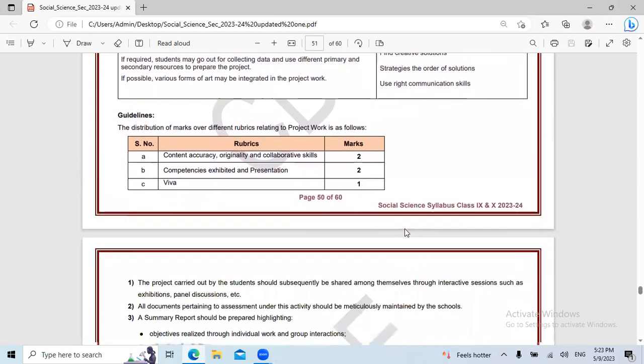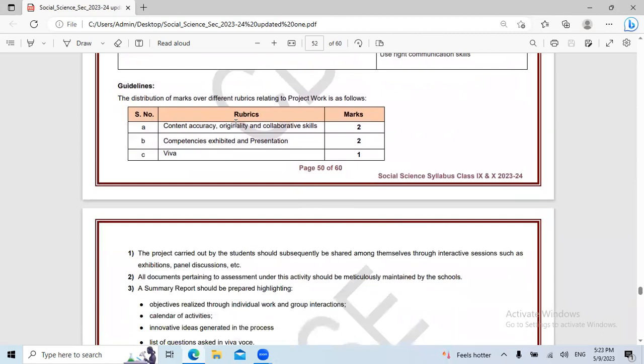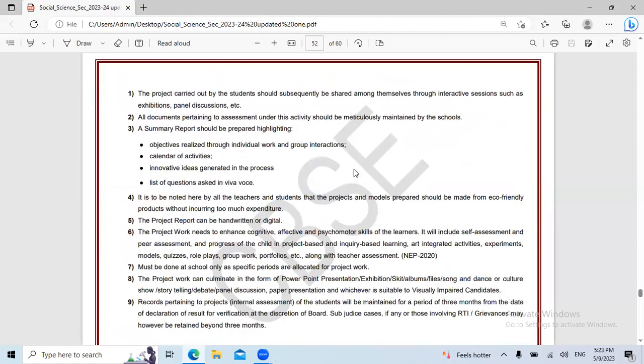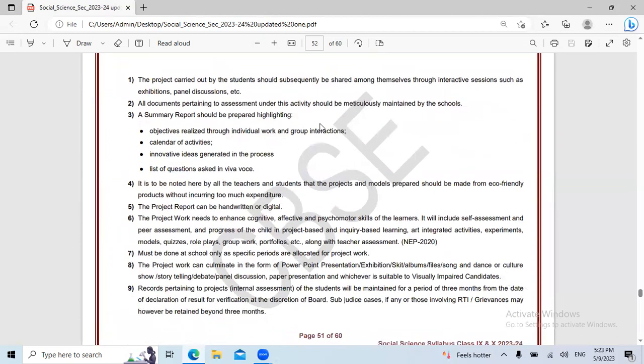Now, below this, the guidelines are given. These are the rubrics related to the project: content, accuracy, originality, and collaborative skills, 2 marks; competencies exhibited and presentation, 2 marks; Viva, 1 mark. The project carried out by the students should subsequently be shared among themselves through interactive sessions such as exhibition, panel discussion, etc. All documents pertaining to assessment under the activity should be meticulously maintained by the school.